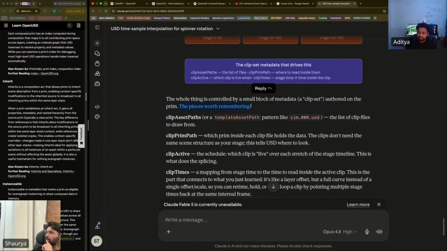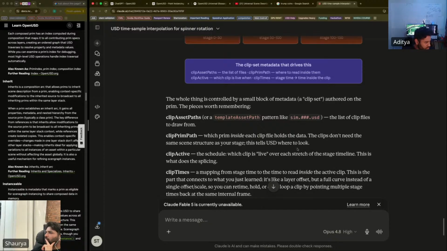The pieces worth remembering: clip asset paths, the list of clip files to draw from. Okay, clip asset paths are the set of clips to draw from. Clip prim path: which prim inside each clip file holds the data. The clips don't need the same scene structure as your stage. This tells USD where to look.